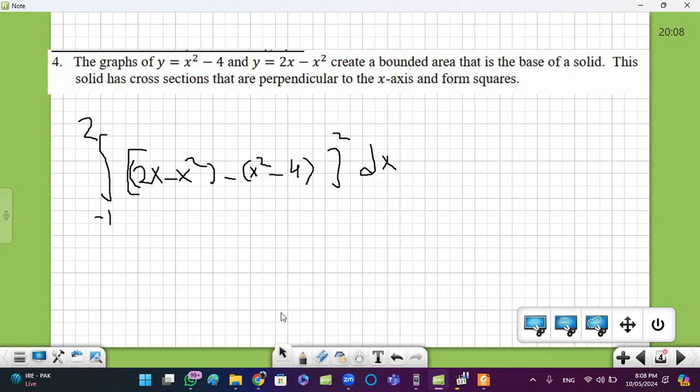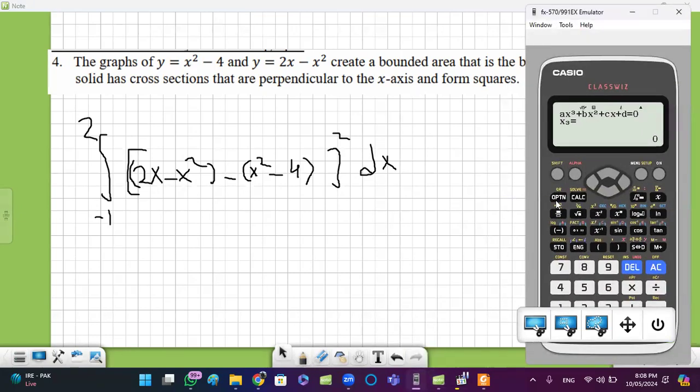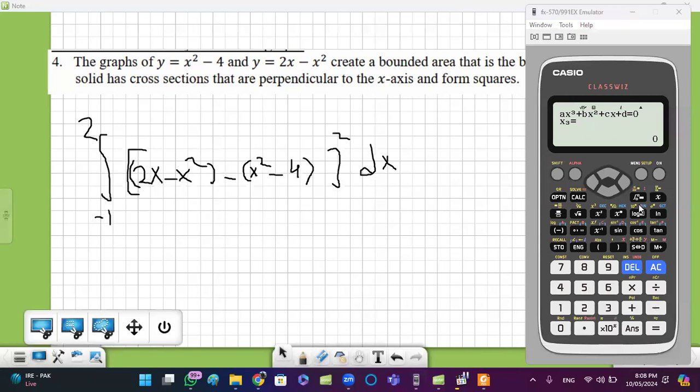I will do this on the calculator. I can set up the integral with the calculator. Mode 1, integral, open bracket, 2x minus x squared, close the bracket, minus, open another bracket, x squared minus 4, close the bracket, and close the bracket, make power 2, and from negative 1 to 2.